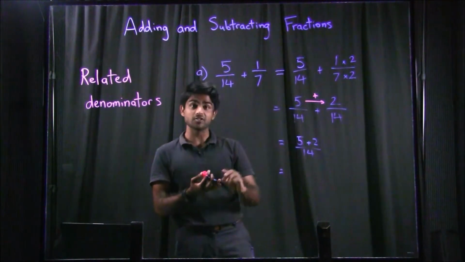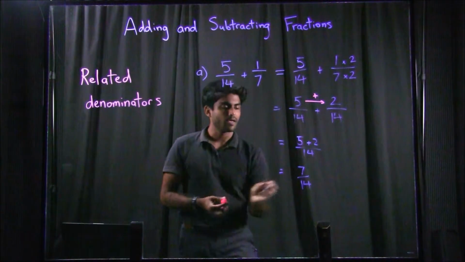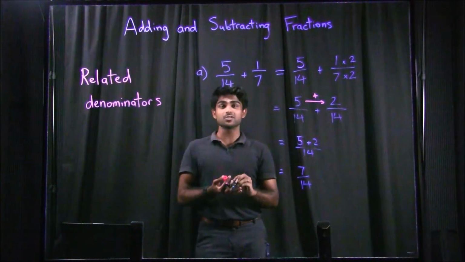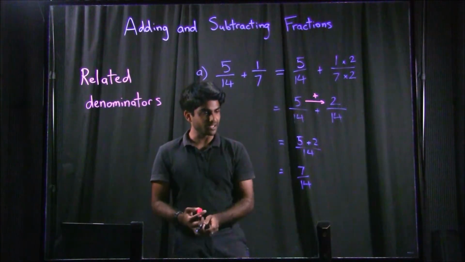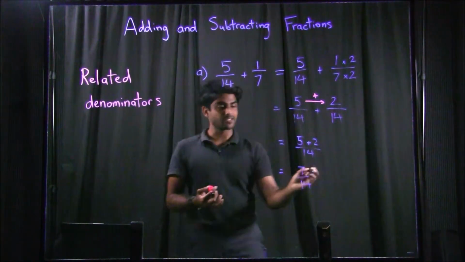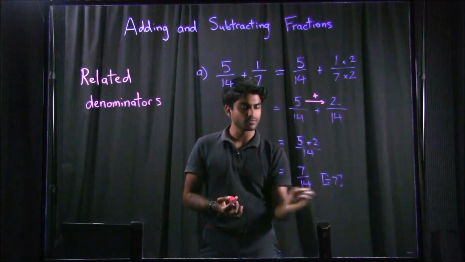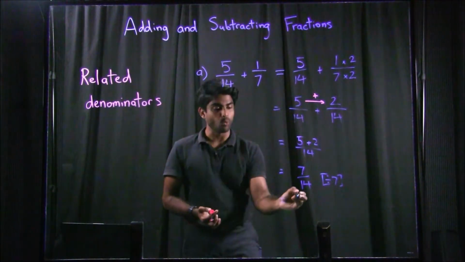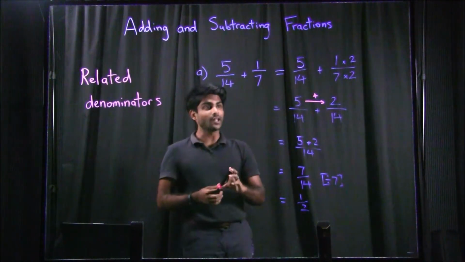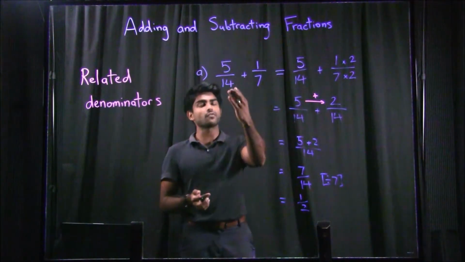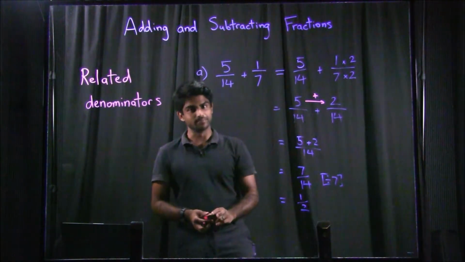When we simplify the top, we end up with 7 over 14, and that isn't our final answer because we can simplify 7 over 14. All we need to do is divide both the top and the bottom by 7, and we end up with 1 over 2. So our final answer for this question, 5 over 14 plus 1 over 7, is equal to 1 over 2.